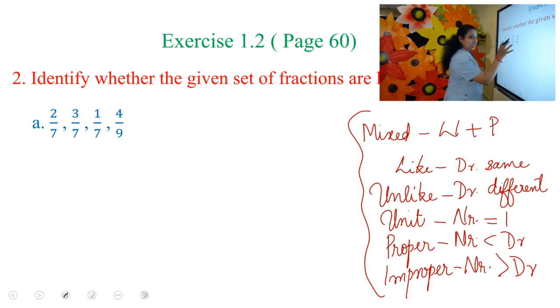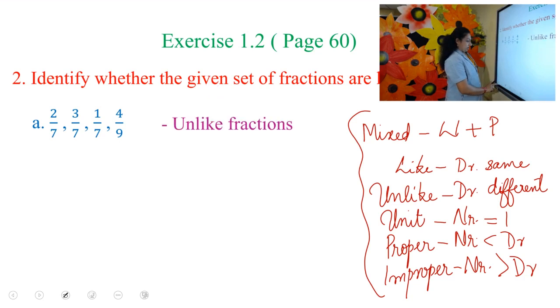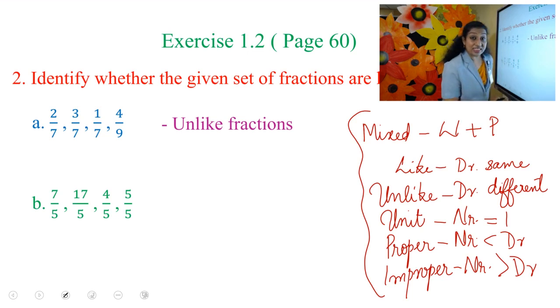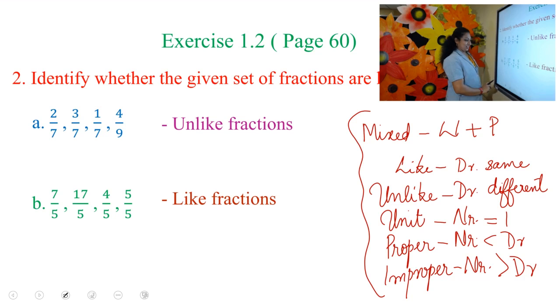So if we take the whole set, these fractions are different, isn't it? So, it is unlike fraction. Next question. 7 by 5, 17 by 5, 4 by 5, 5 by 5. Here denominators are the same. So, like fractions. Next question.